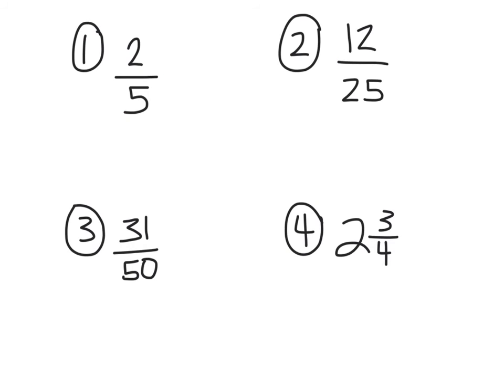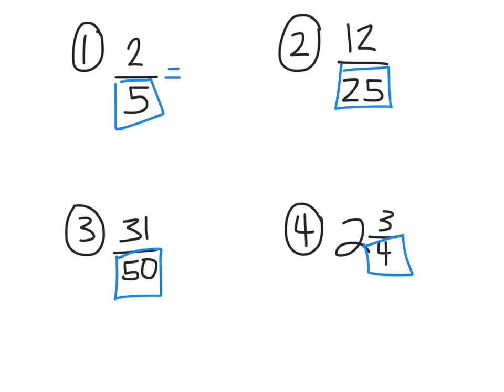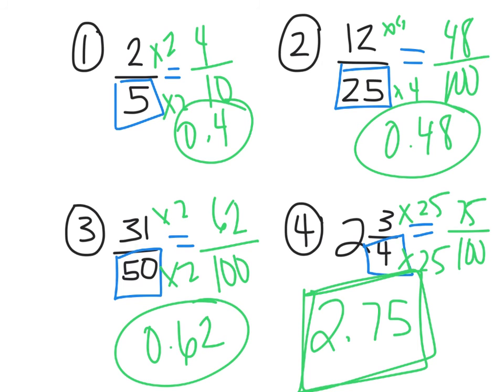Once again, go ahead and try these. Look at your denominators first. Figure out, can I change them into 10, 100, or 1,000? And then find the decimal equivalent for each fraction. So if you take a look at number 1, you will see that I multiplied by 2, ended up getting 4/10, so I wrote that as 0.4.